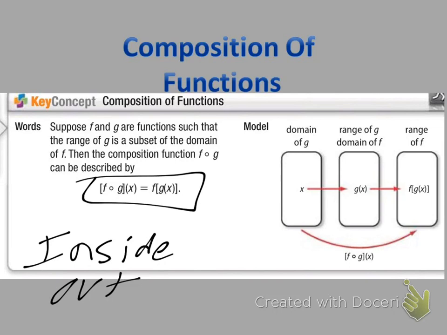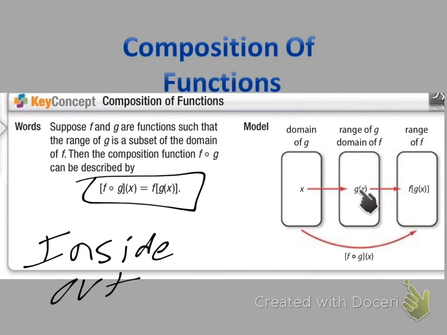If you look at the model just briefly, you start in the domain of g, which would be g's x's. Then you move over to the range of g, which is g of x, but at the same time you're in the domain of f, which would be f's x's.